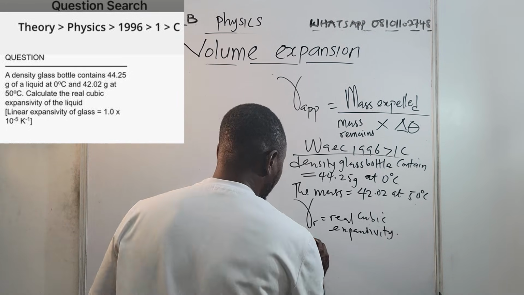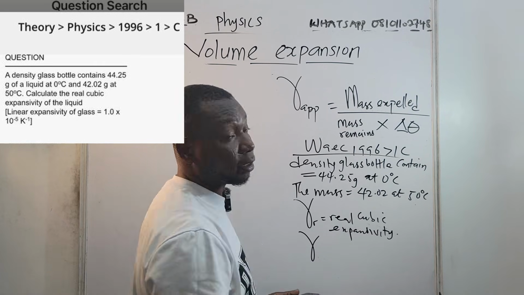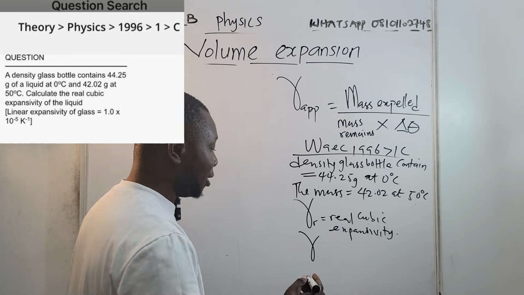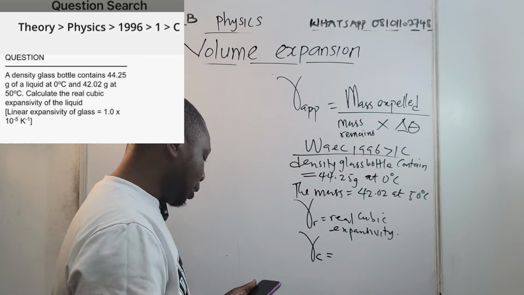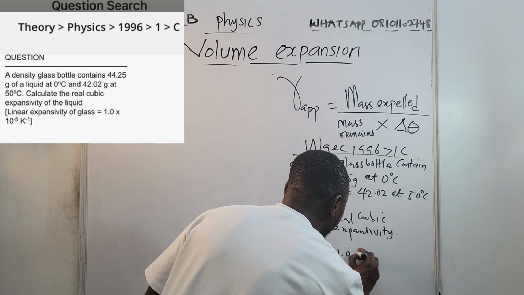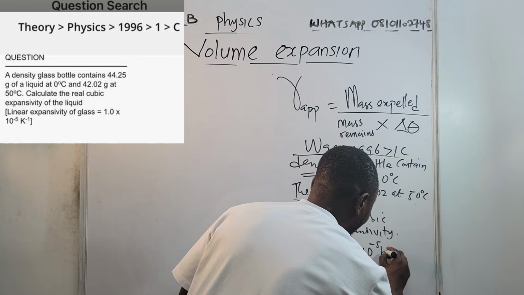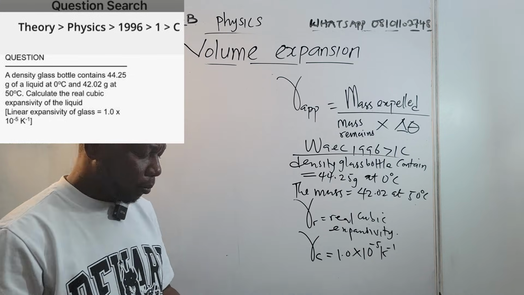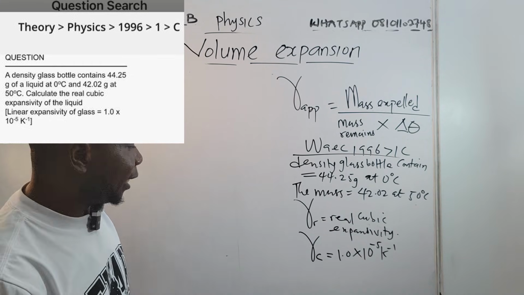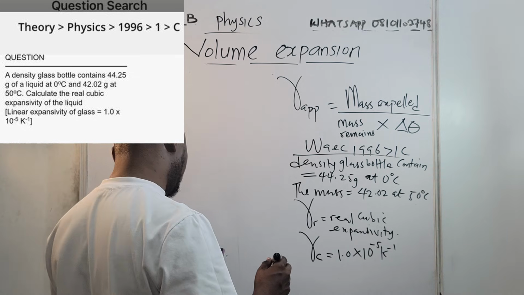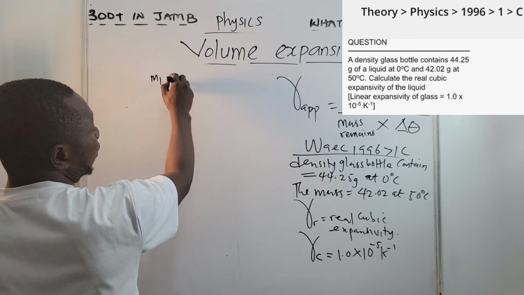Since the container is made of glass, we call it gamma subscript C, and that is 1.0 times 10 raised to power minus 5 Kelvin inverse.